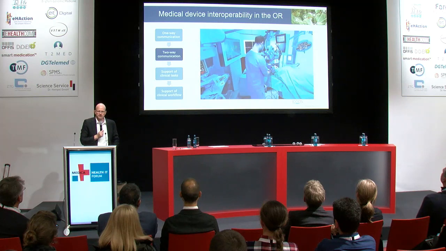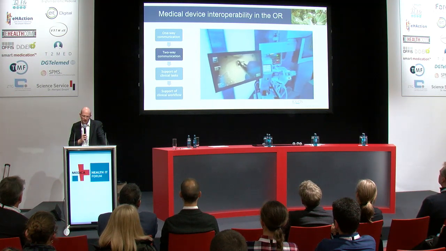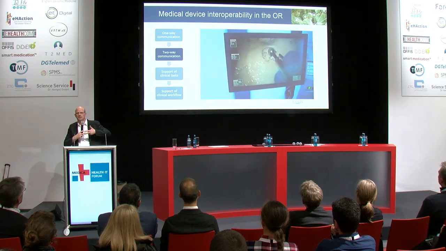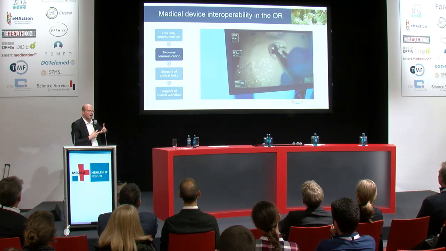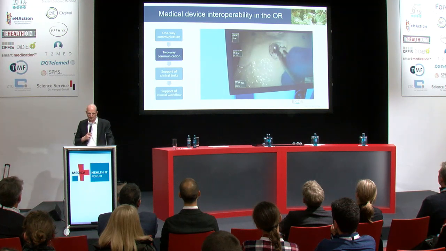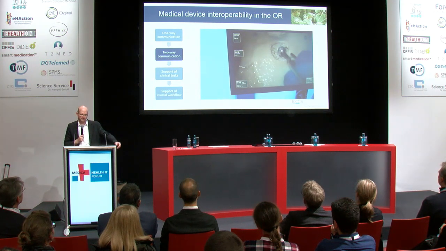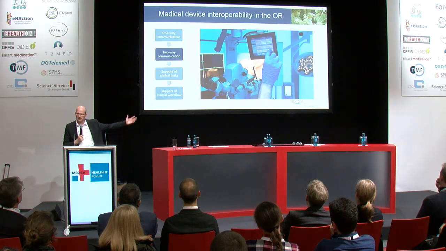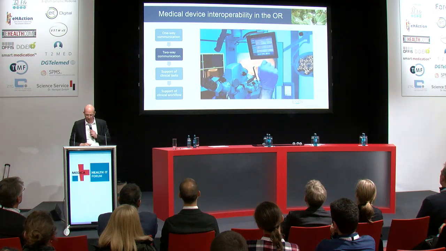The vendor of the microscope and the vendor of the drill didn't cooperate directly and implement the interface directly to each other. Both implemented the vendor-independent interface, and so it was possible to connect the devices and, as a benefit for the clinical staff, to hand over the control to the responsible person. In this case, the surgeon operates the monitor, but of course it can also be another person in the operating room.